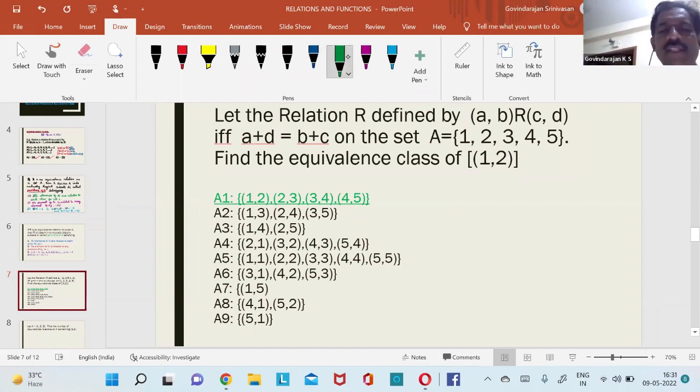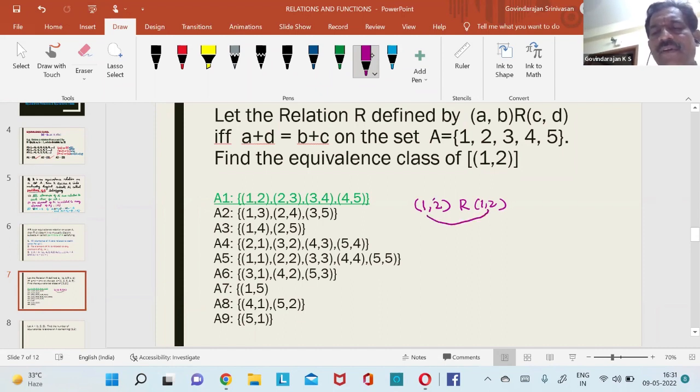How to find the elements related to (1, 2)? Here (1, 2) is related to (1, 2) because a plus d is equal to b plus c. That means 1 plus 2 is equal to 2 plus 1, so the element itself is related to (1, 2).